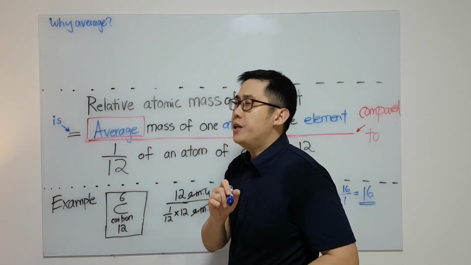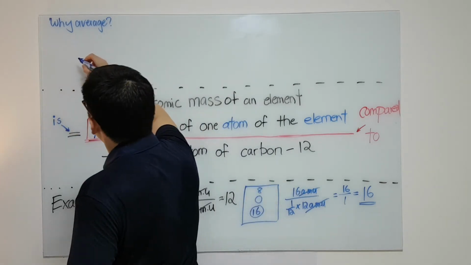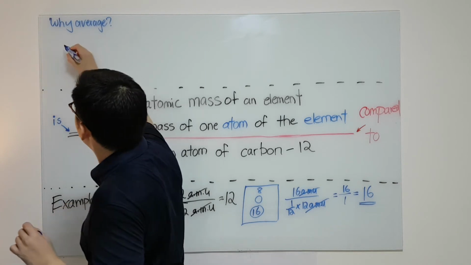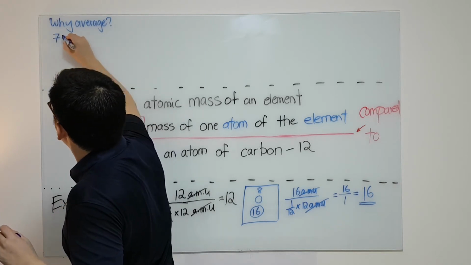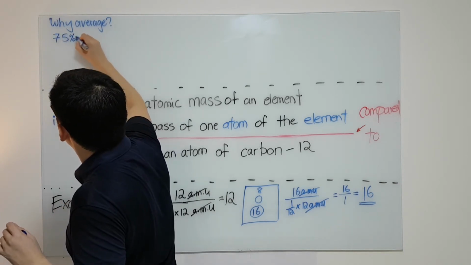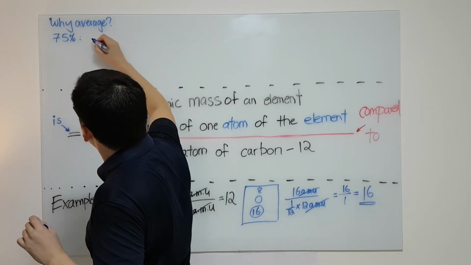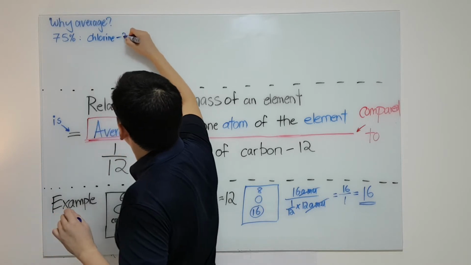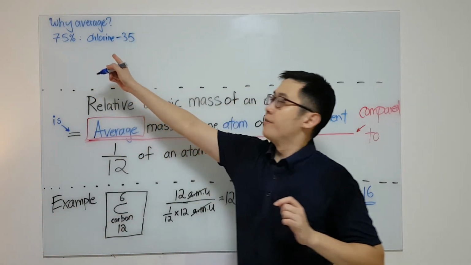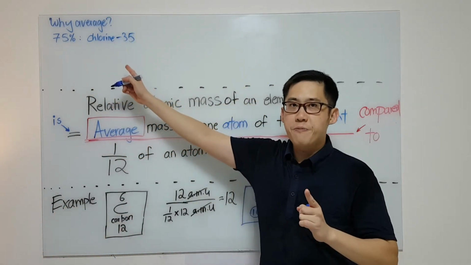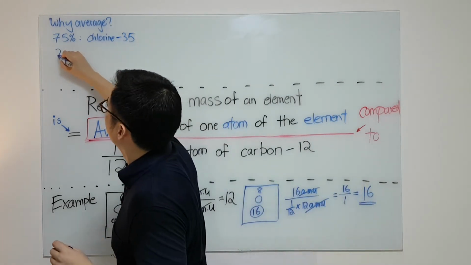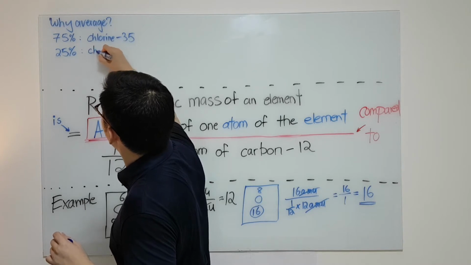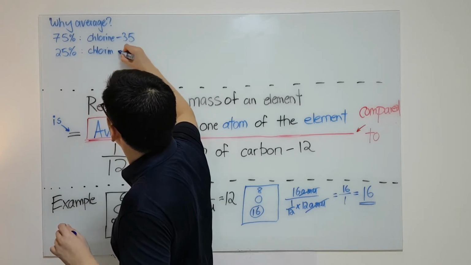Recall chlorine. On Earth, 75% of the chlorine atoms exist as chlorine-35, while 25% of it exists as chlorine-37.